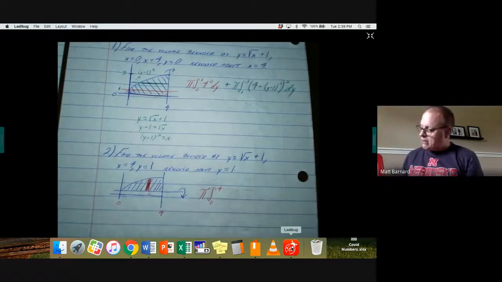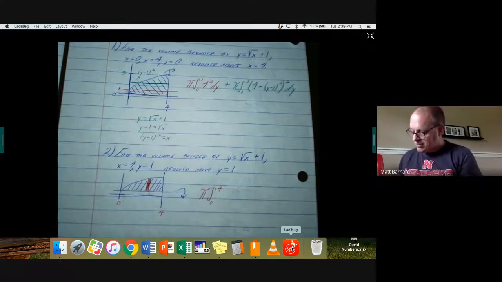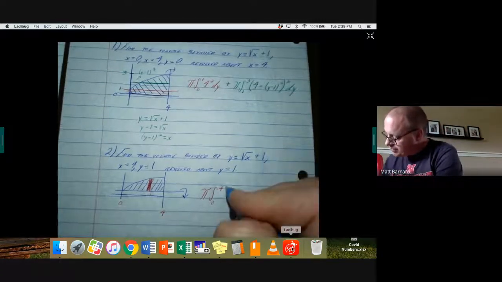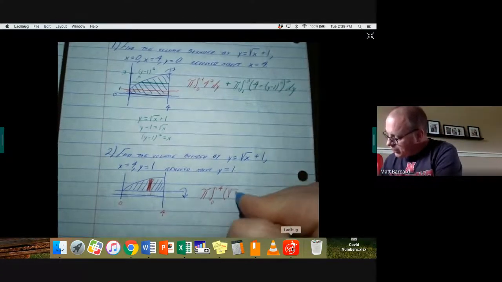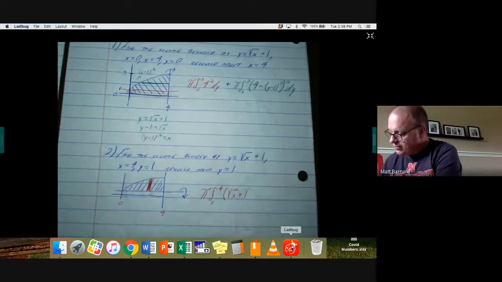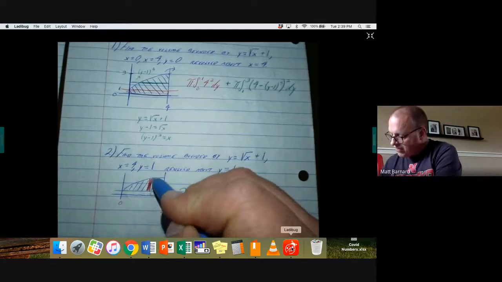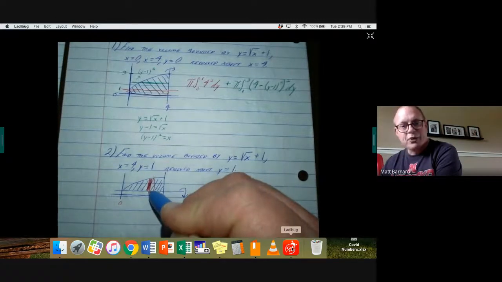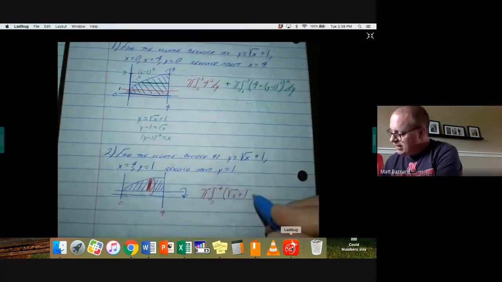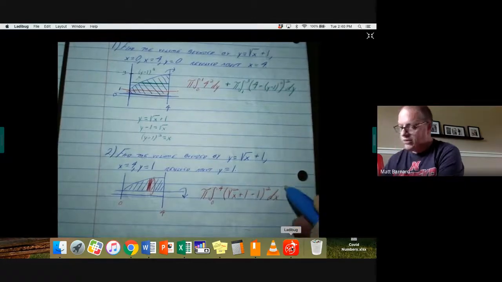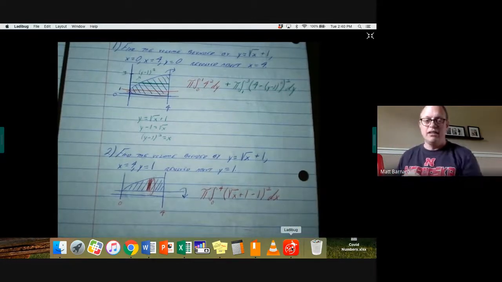So if I formally wrote out the formula, it would be the square root of x plus 1. That's the length from the x-axis all the way to here. But I've got to get rid of that gap, that minus 1. All squared with respect to x.